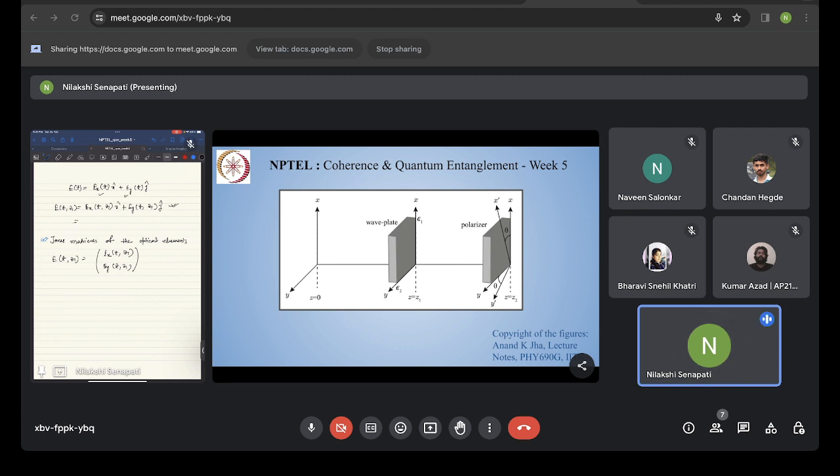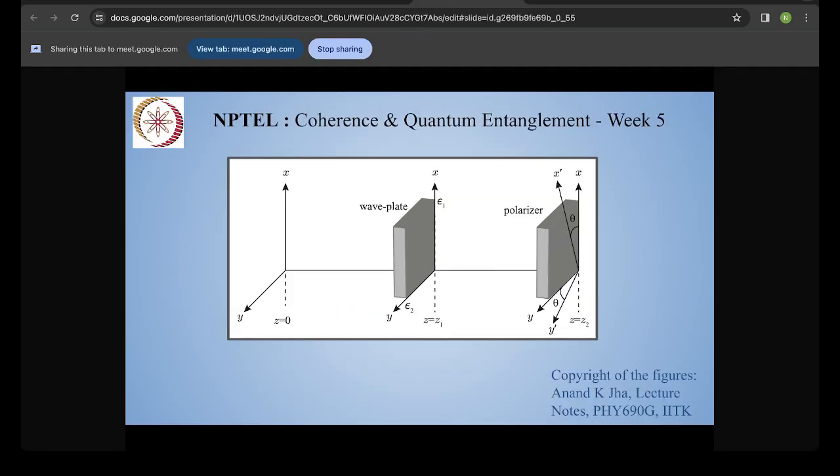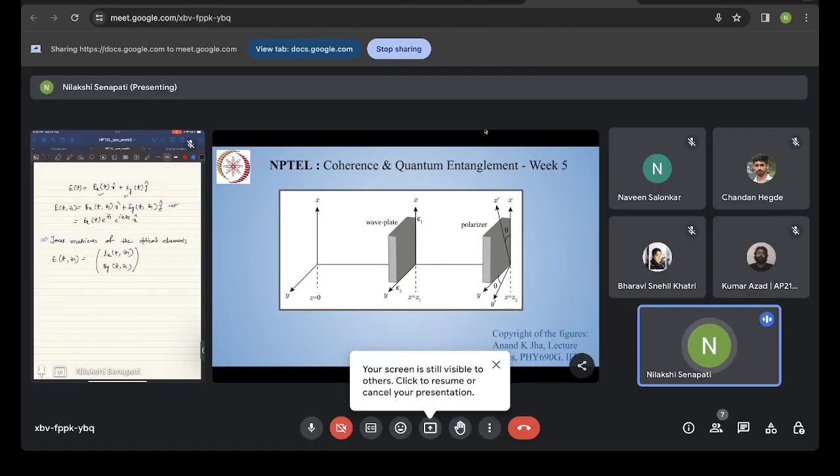So now we can write this E_x(z1) as E_x e^{i epsilon_1} e^{i k z1}, because for moving in some direction it will gain some phase, which is e^{i k z1}. And e^{i epsilon_1} is, as you can see in this slide, that it has epsilon_1 and epsilon_2, and you know what a wave plate is, and we actually use birefringent materials for this kind of wave plate.